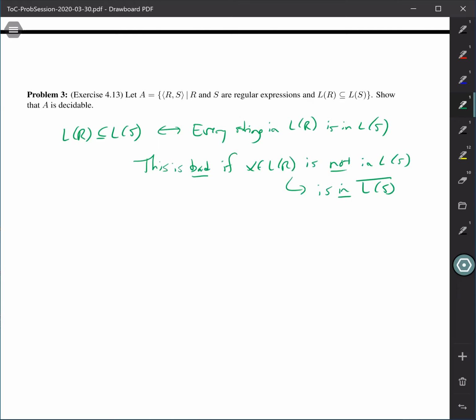How do I determine if there's an X that's in L of R and also in the complement of L of S?